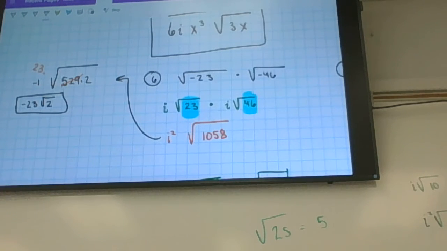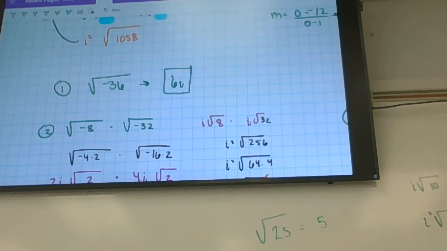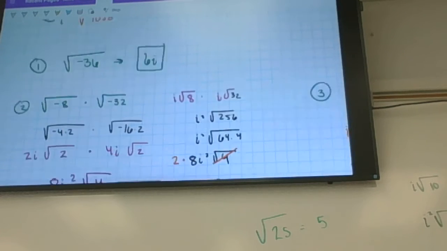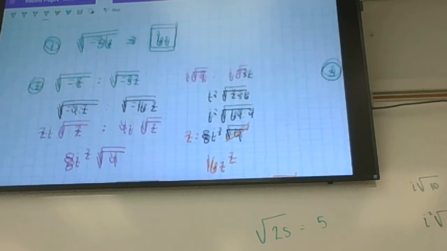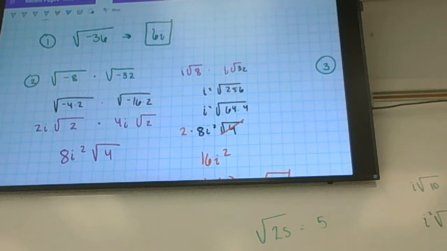Alright, next page. Number 1, 6i. Number 2 is 16I squared.